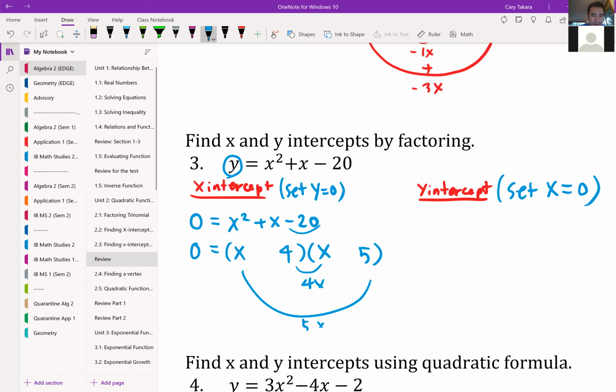How do I get positive 1x if I add 4x and 5x? Well, you can make it 1x by making 4x negative 4x and 5x positive 5x, right? Thank you. Doesn't that give you positive 1x? So 4 will be negative, 5 will be positive.